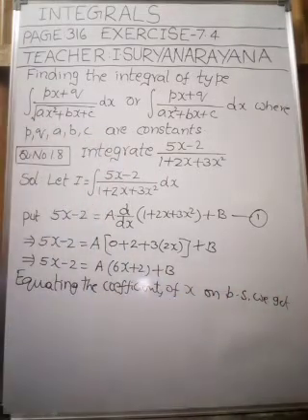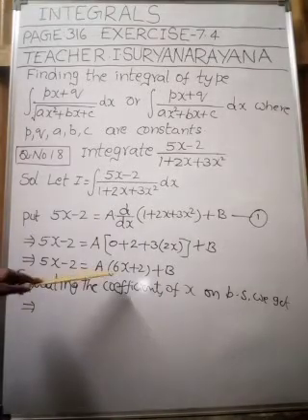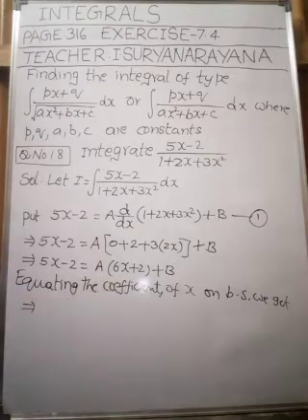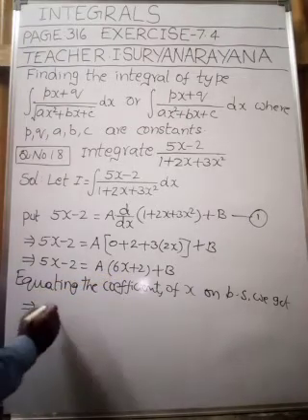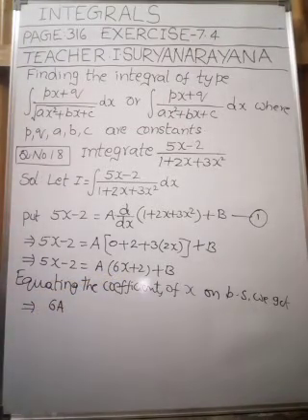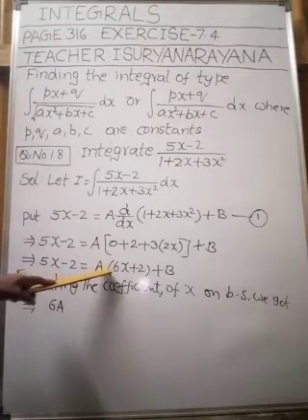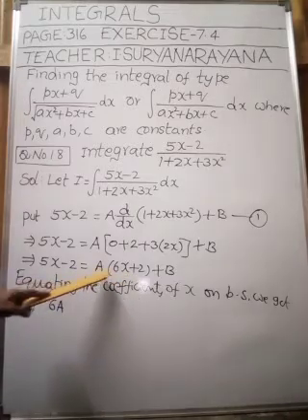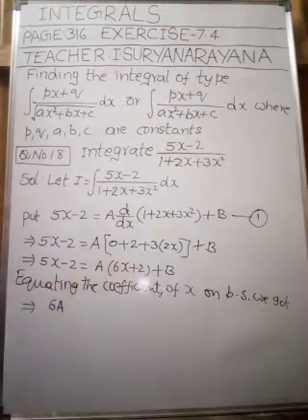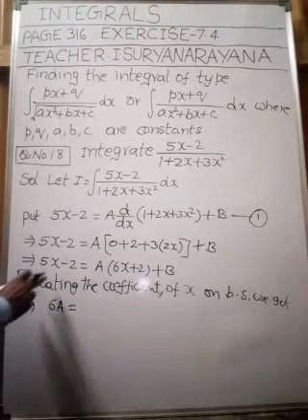Then we get, from RHS, let us find the coefficient of x. If you simplify, we get 6Ax, isn't it, my children? So 6A is the coefficient of x in RHS. The x term is the only one term, so we write 6A is equal to, now come to LHS. What is the coefficient of x here? 5.